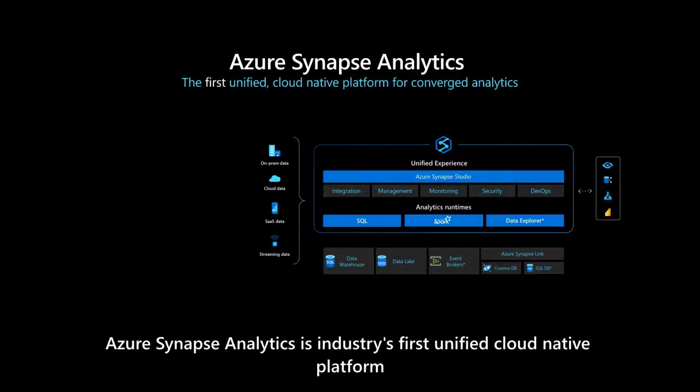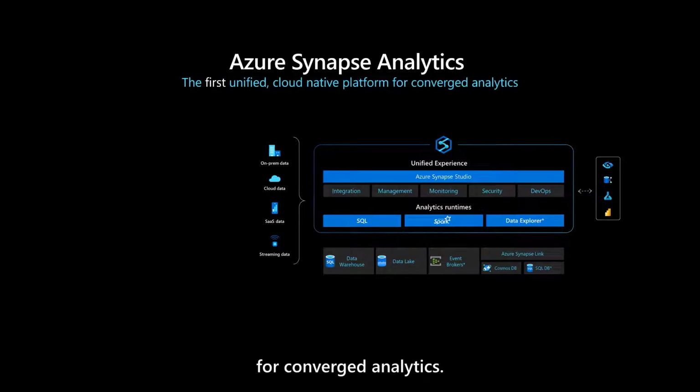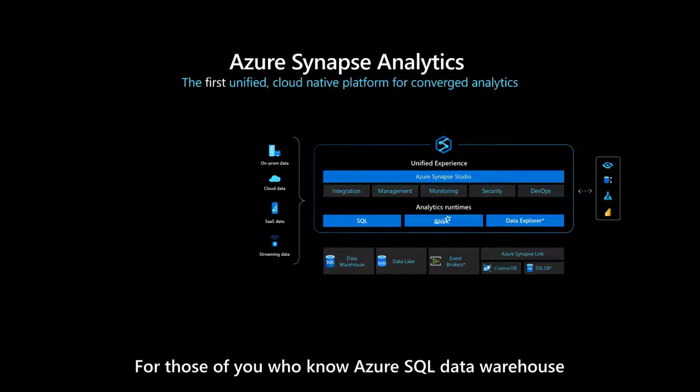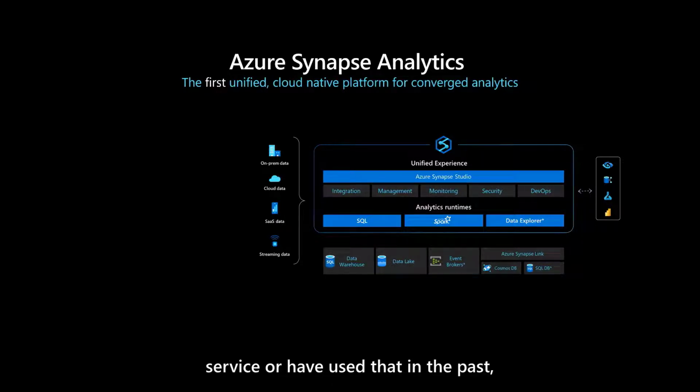Azure Synapse Analytics is the industry's first unified cloud-native platform for converged analytics. For those of you who know Azure SQL Data Warehouse service or have used that in the past, you'll know that we had Azure SQL Data Warehouse for about 4 years in the market before we brought in Azure Synapse Analytics.